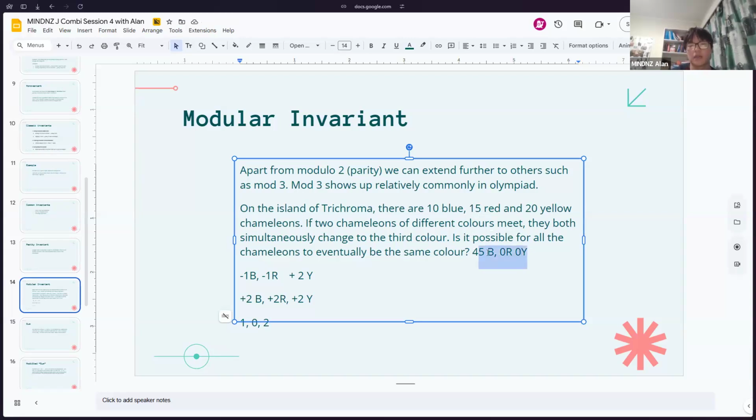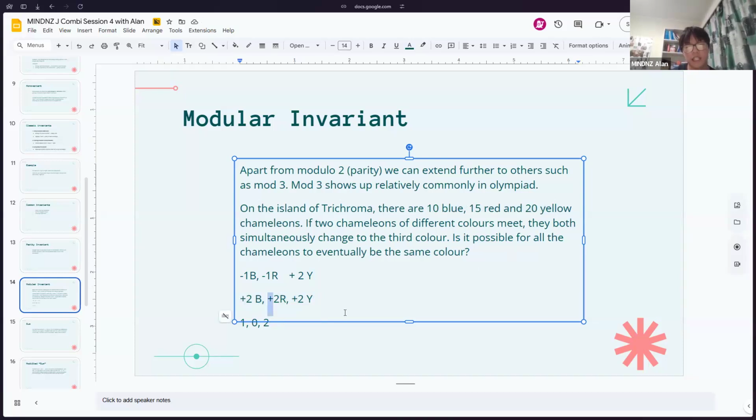But that means we must have all of the 3 groups equivalent to 0 modulo 3, right? Because 45 is 0 modulo 3, because it's 3 times 15. 0 is 0 modulo 3, and we have 0 for the last one as well. But then we start off with 1, 0, and 2. Oh, wait, no. The modulo 3 will change by the same amount. They don't stay the same.